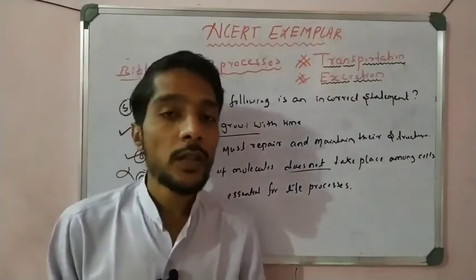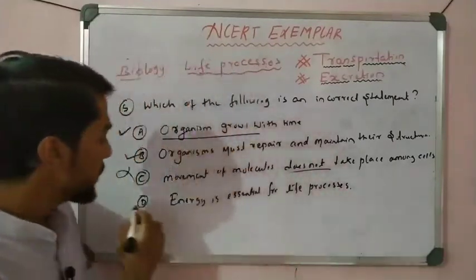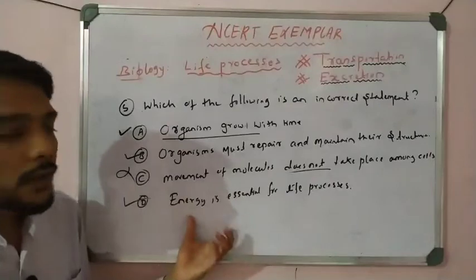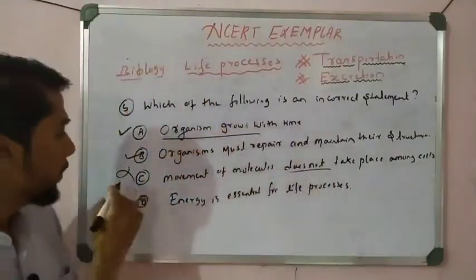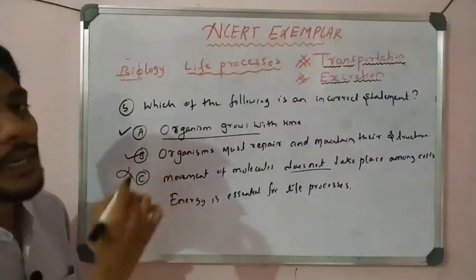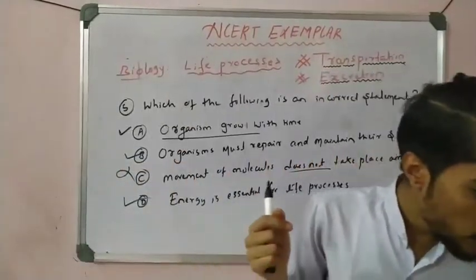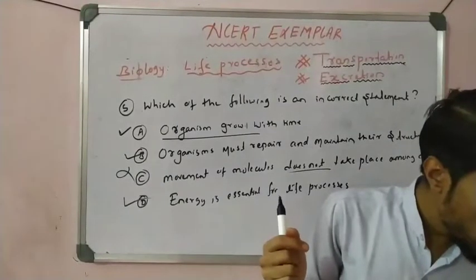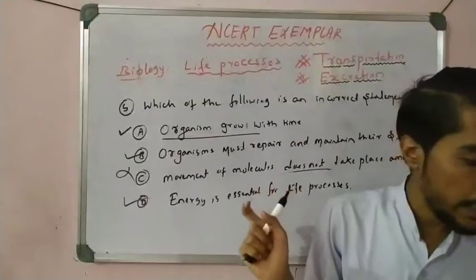If there is no food, there is no energy, and if there is no energy, there is no growth of the body. So energy is essential for life, but saying movement does not take place is the wrong statement. So option C is the incorrect statement, right students? This is another very important point to remember: the movement of molecules does not take place in cells is a wrong statement.